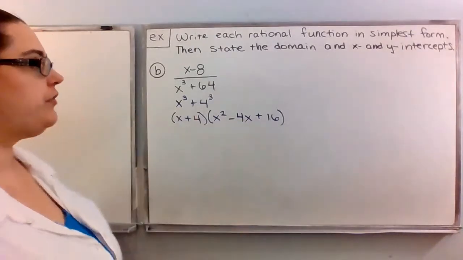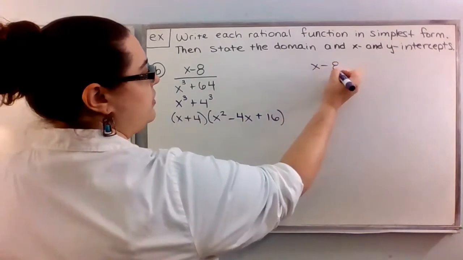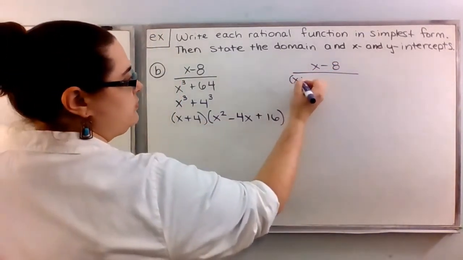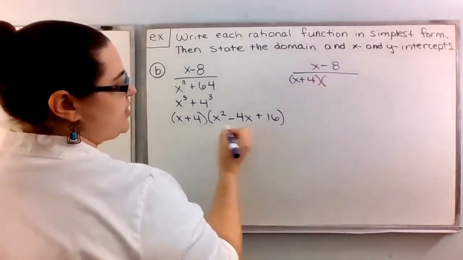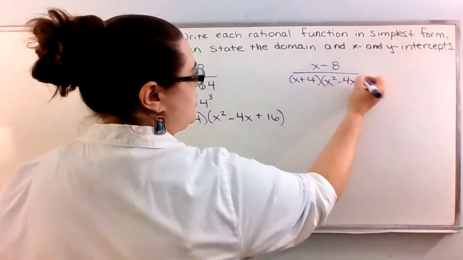So this rational function is going to be x minus 8 over x plus 4 times x squared minus 4x plus 16.